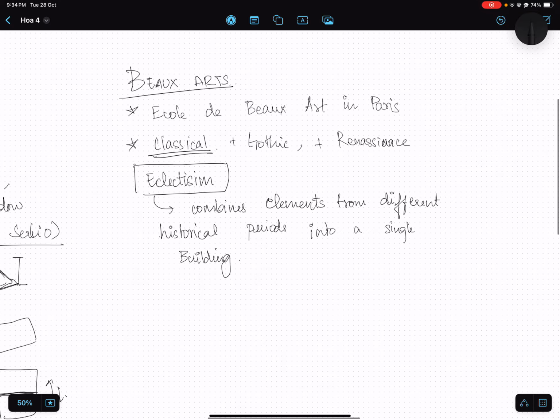So even though this was, again, as I talked about, a revival of classical architecture, classical architecture was predominantly present, but you can also see elements of other periods here and there.